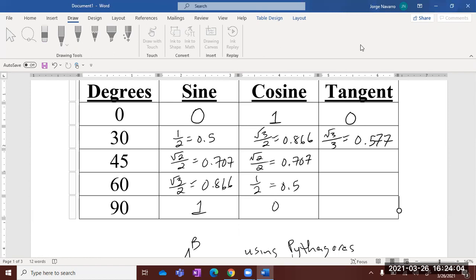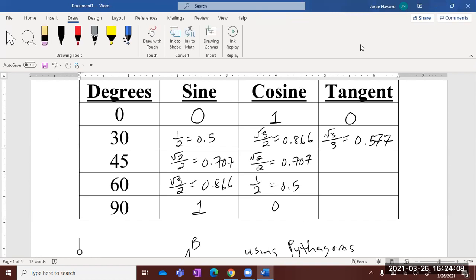Then of course the tan of 45, we just found to be 1. Also, we know that tan of 60 is root of 3, which we found to be 1.73.